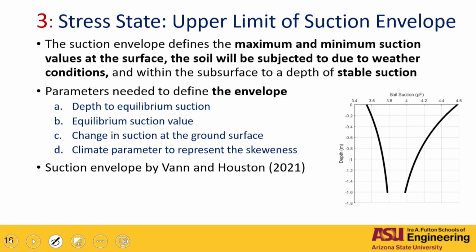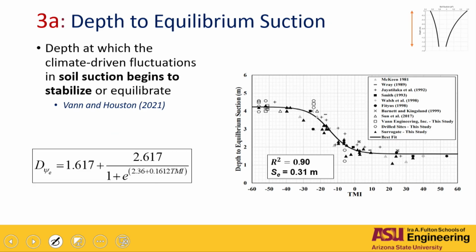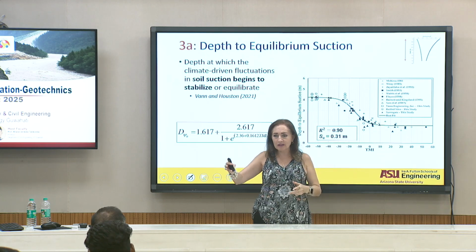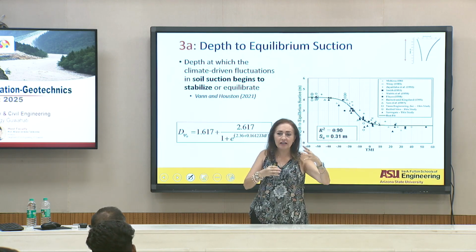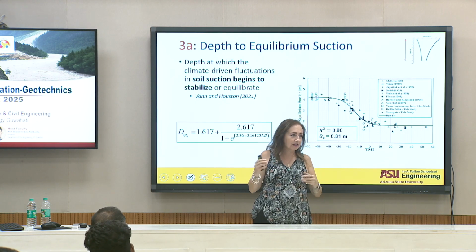So the suction envelope, I just put two things together. I'm sorry about that. All right, so the depth to equilibrium suction, you already saw that, right? They put together correlations with soil properties, combinations of properties, and TMI, everything.